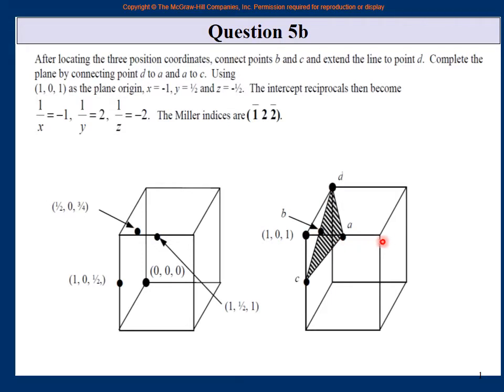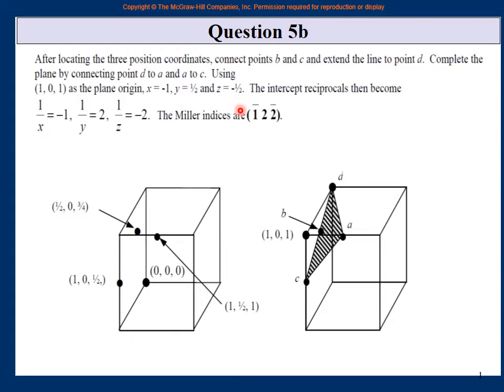You go on y, this intersection is at half, right? You go on z, this intersection is at -half, right? So therefore, for x -1, for y half, and for z -half.